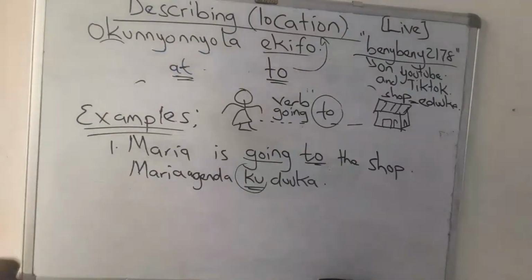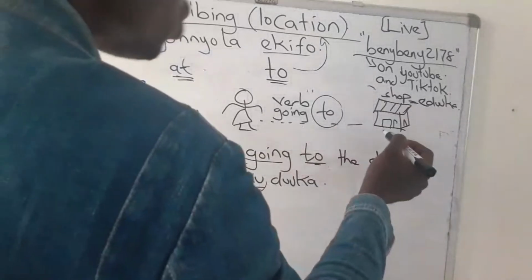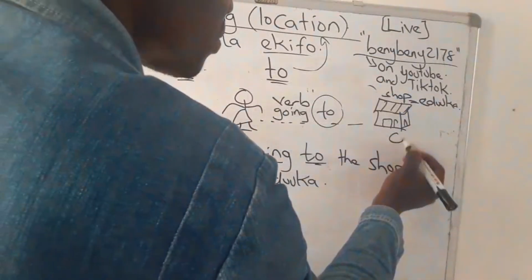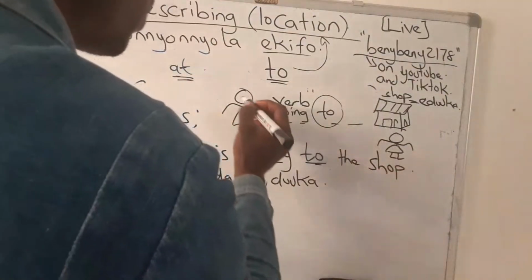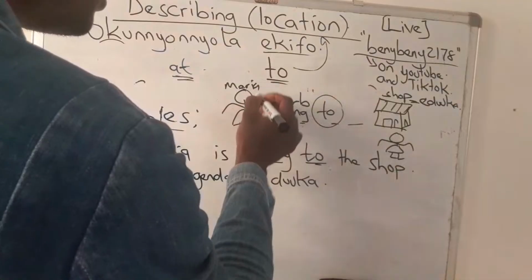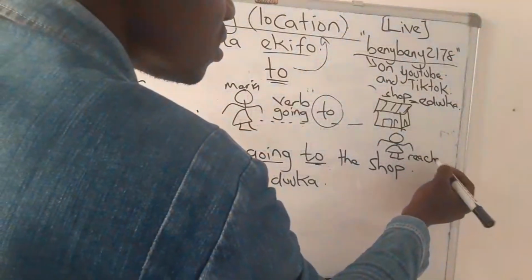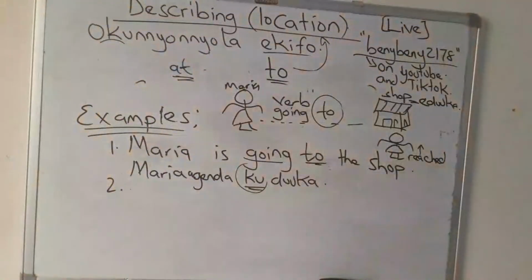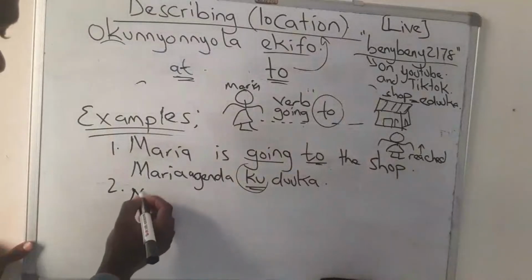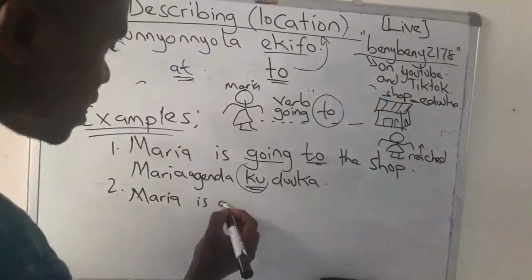Beautiful. If I have, now Maria has reached the shop. Maria is here now. This is Maria. So now Maria has reached. She has arrived. Maria is at.